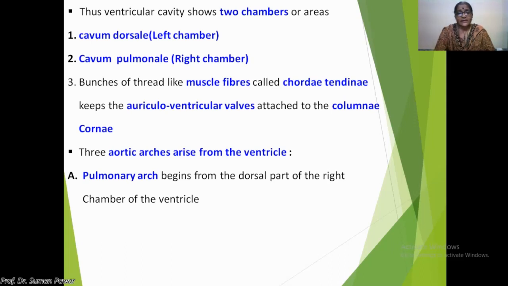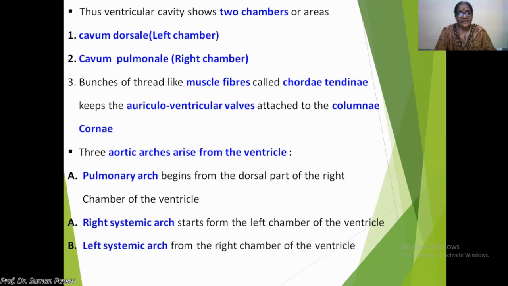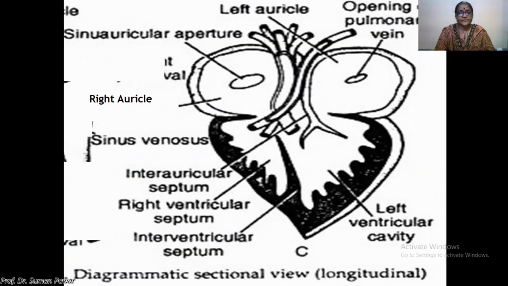The pulmonary arch begins from the dorsal part of the right chamber of the ventricle, that is, it arises from the cavum pulmonale, whereas the right systemic arch starts from the left chamber or from the cavum dorsale, whereas the other systemic arch, that is the left systemic arch, also arises from the right chamber of the ventricle.